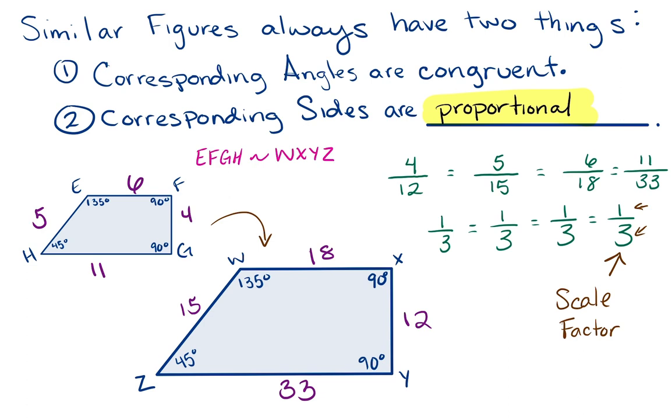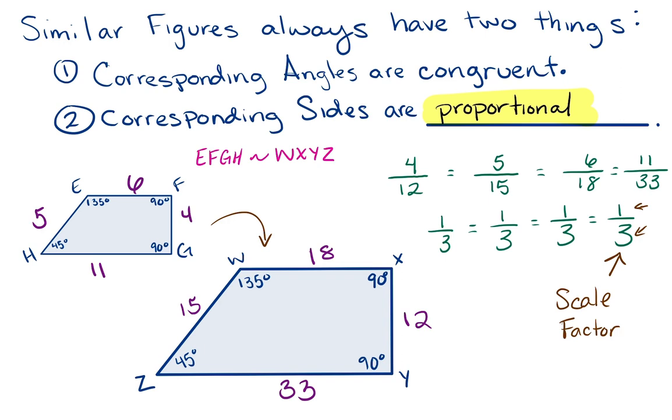Choose whatever you want. I like to choose to go around in a clockwise fashion, starting with the first letter that I see from the alphabet and just going in alphabetical order. Whatever method works for you. But it is important that we write it this way because this statement is going to tell us a lot of information about this shape without us ever actually having to see the shape.